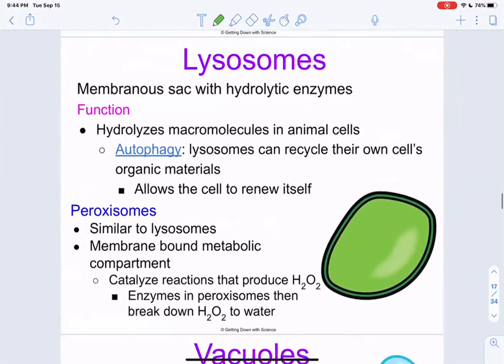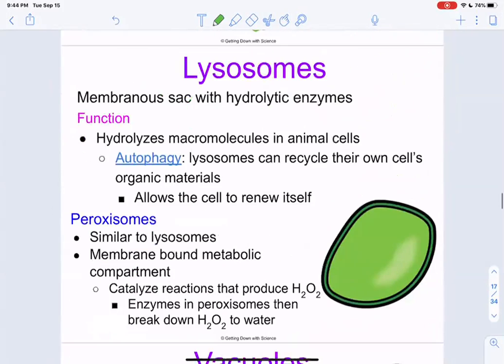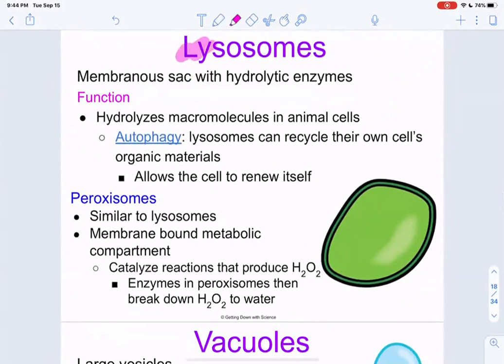So there's a couple of final stops for materials. One stop could be the lysosome. The lysosome is a sac that has a bunch of hydrolytic enzymes. And what it does is that it hydrolyzes macromolecules. And so let's think back, what does hydrolyze mean?